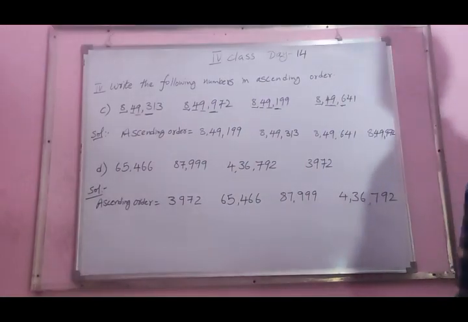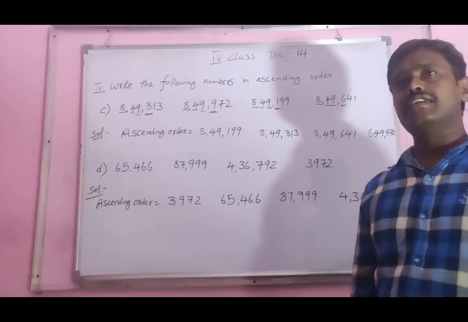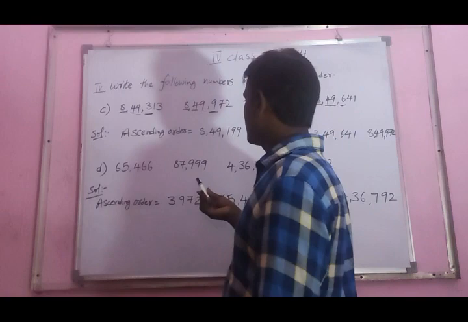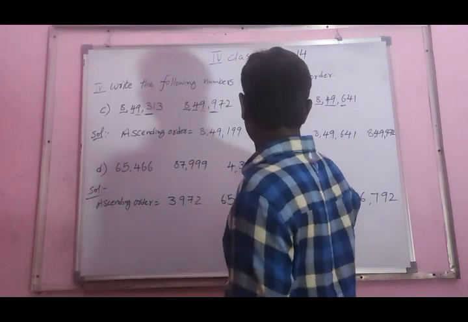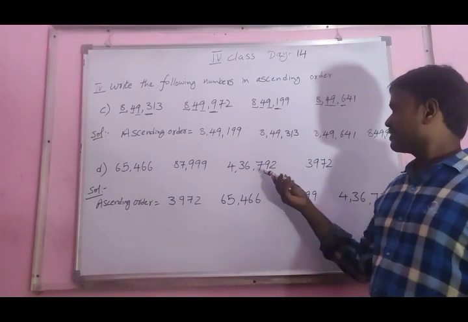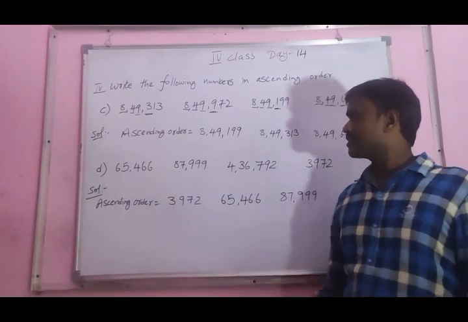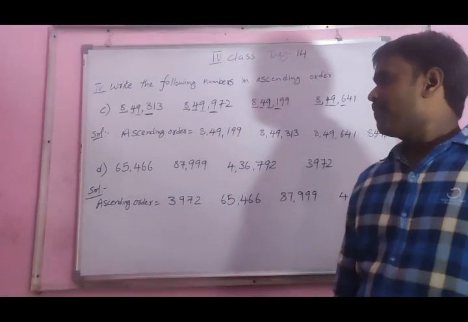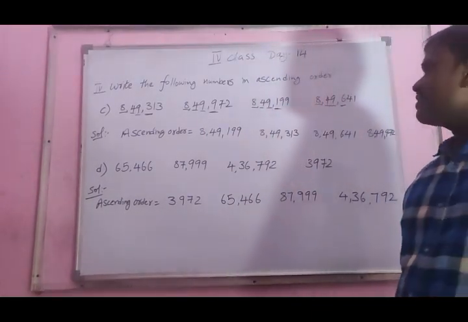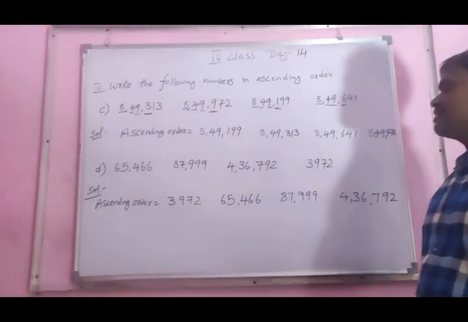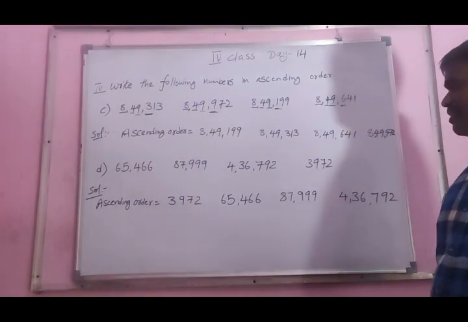Here for ascending order or increasing order, count the digits. First of all, this is 4 digits. This is 6 digits, remaining two numbers are of 5 digits. So we know that the 4 digit number is the smallest number than the remaining 3 numbers.